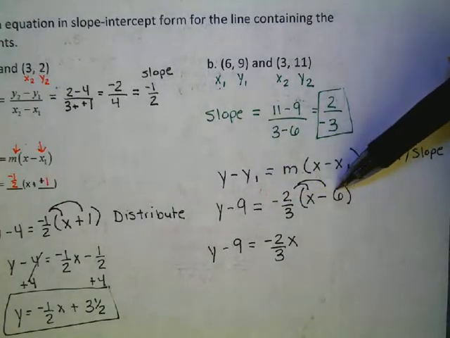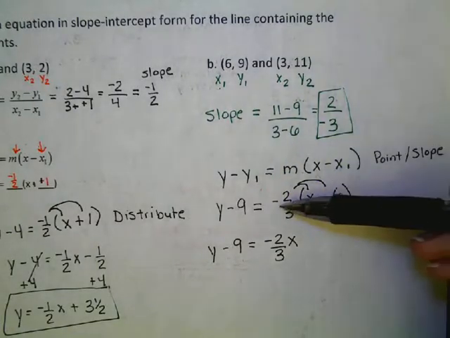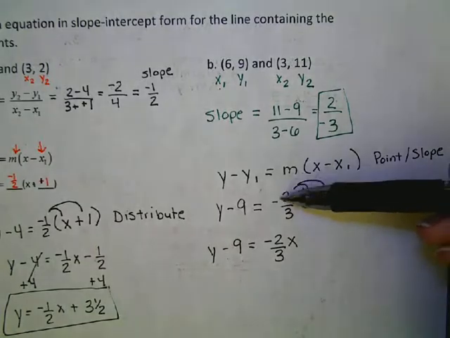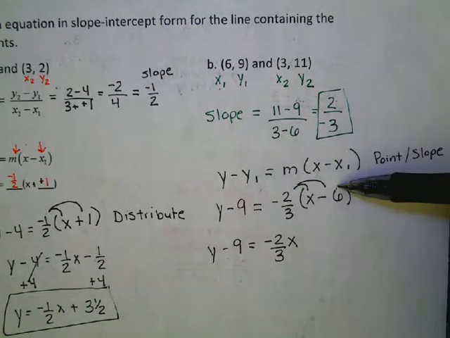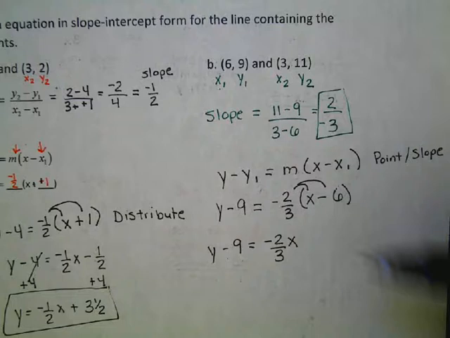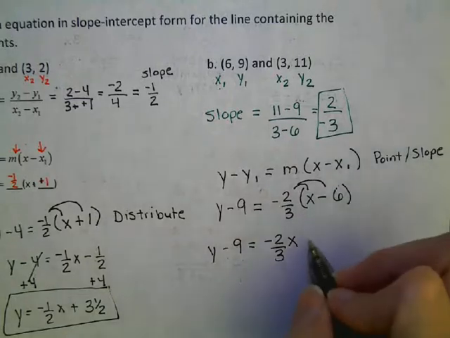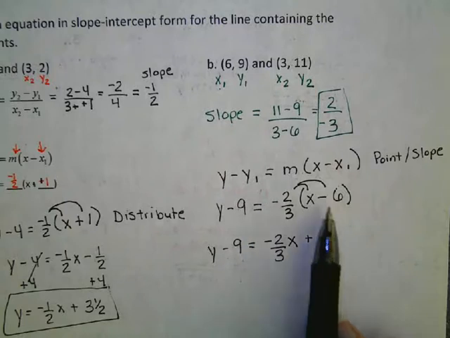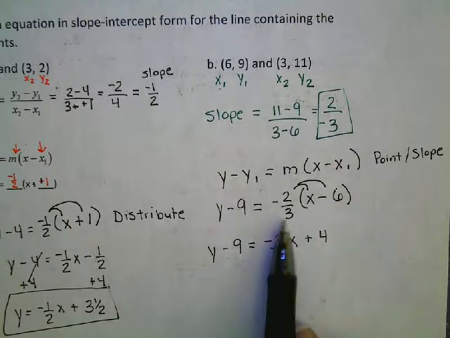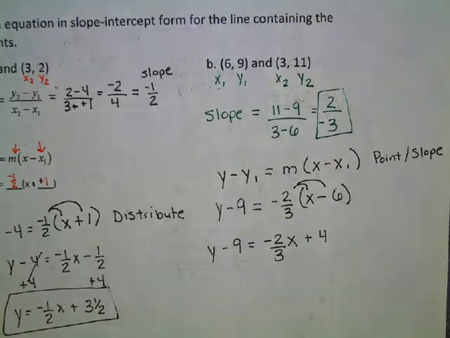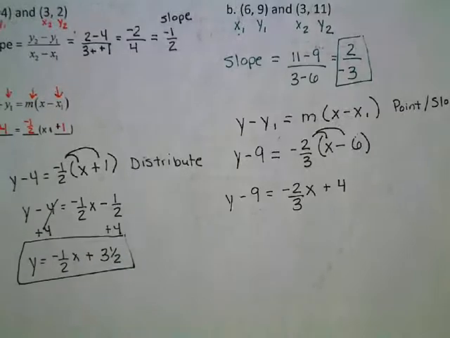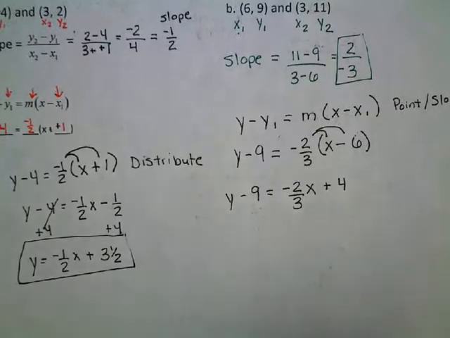Okay, so for me, if I'm doing this in my head without a calculator, I would take negative 2 times negative 6 is 12. And then this line means divide by 3. So 12 divided by 3 is 4. I'll put plus 4. Because that negative times the negative made positive 12.